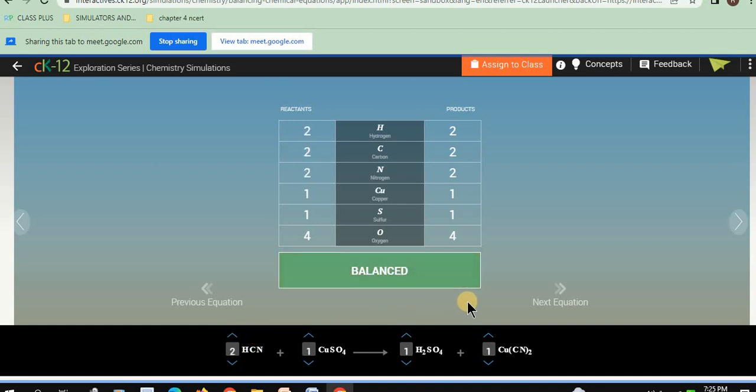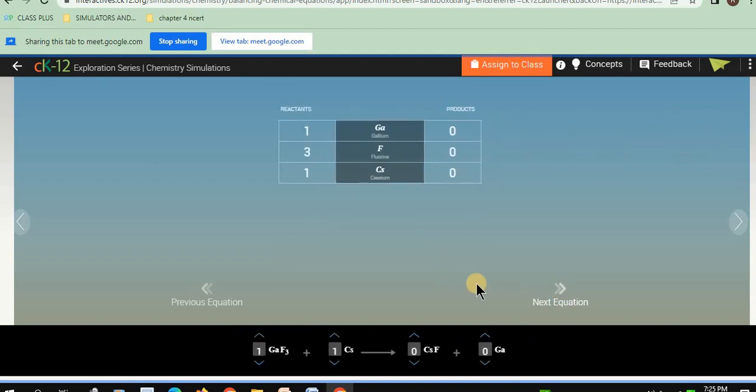Balance. See how fast it is getting balanced if you use the radicals. If you use the radicals directly, it takes half of the time. Equation balancing is an art. There are so many different methods to balance. It depends on us which method we are going to use.